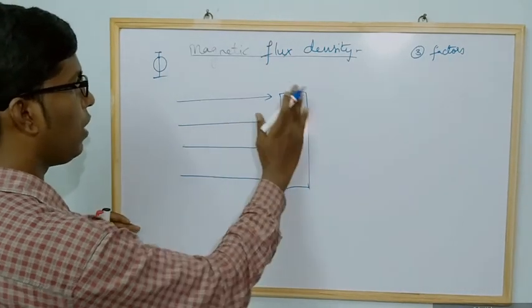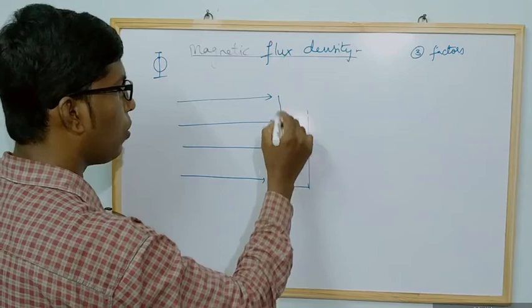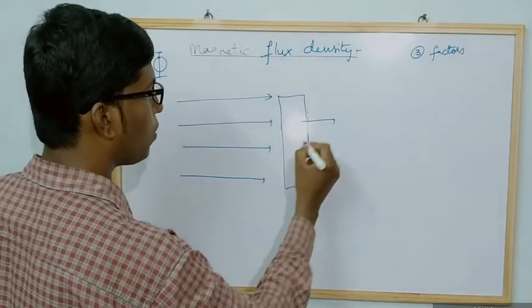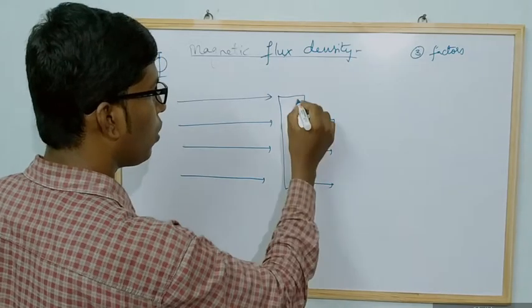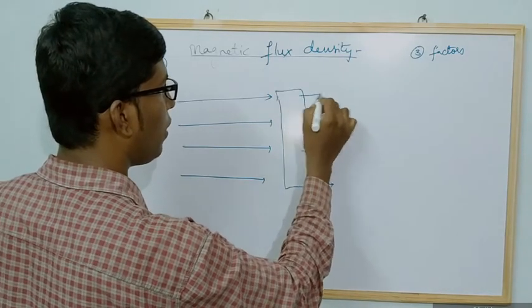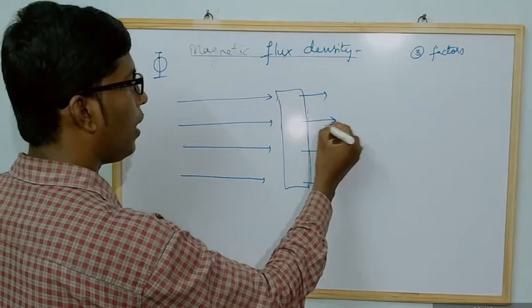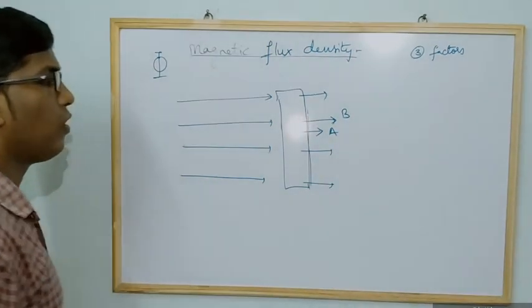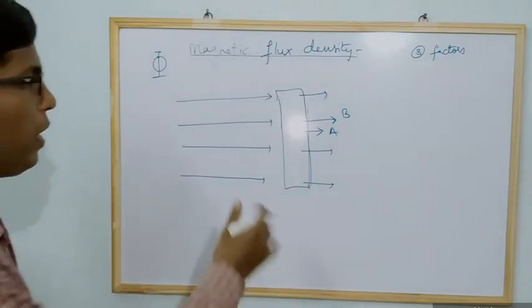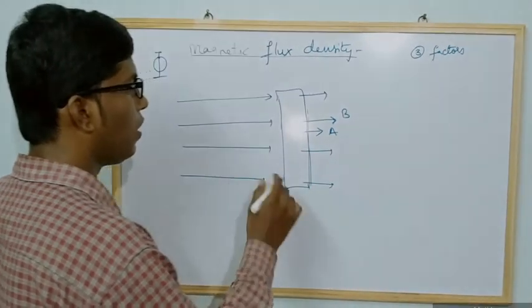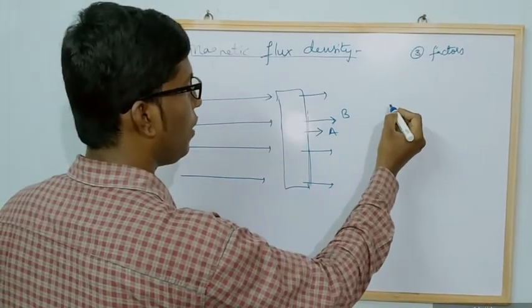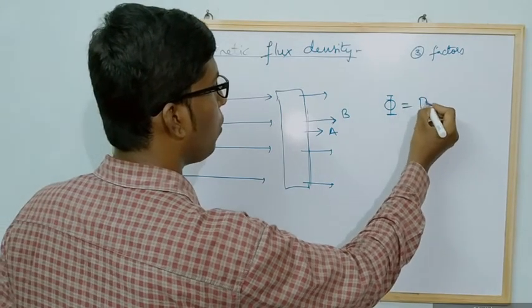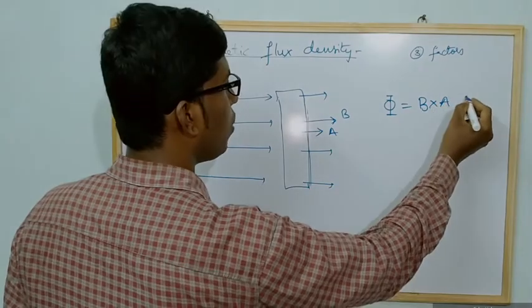In this case you observe these are the magnetic field lines, assume that these are passing through the book, and this is the direction of the area, or surface area, of the book or plane. From this we can write the formula in this way: flux is equal to B into A cos theta.